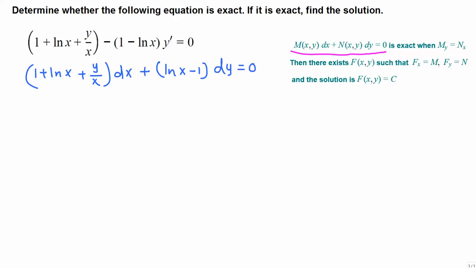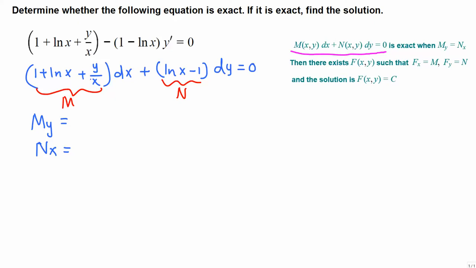Now this is in the standard form. This is M(x,y), this is N. Now we find the partial derivative of M with respect to y and the partial derivative of N with respect to x. If they are equal, then this is exact.